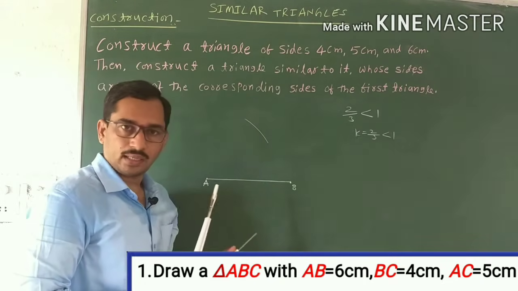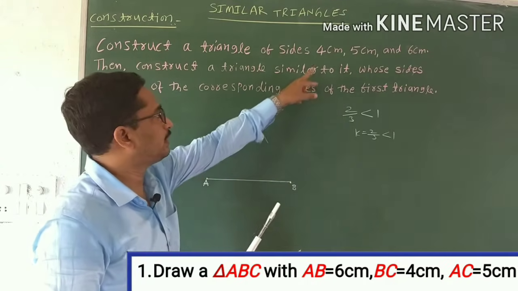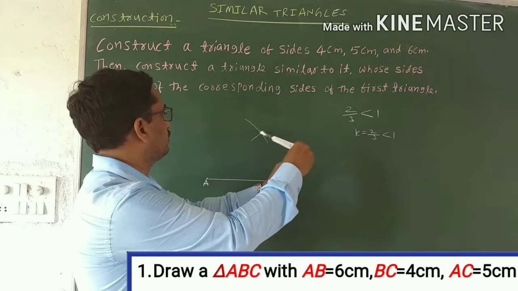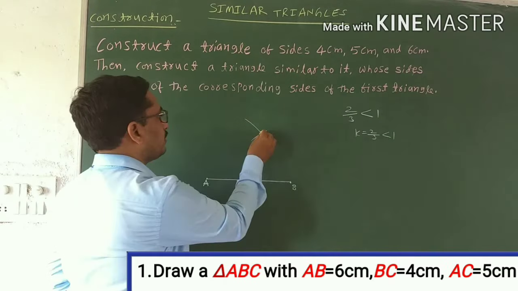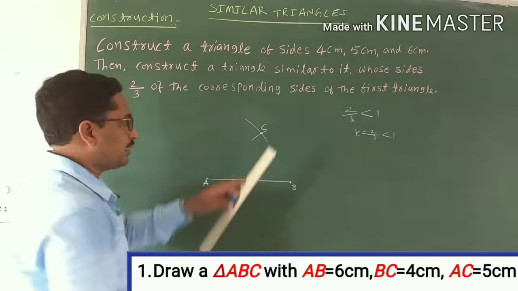Next draw an arc with center B, whose length is 4 centimeters. So like this, and mark the point of intersection of these two arcs with the letter C.